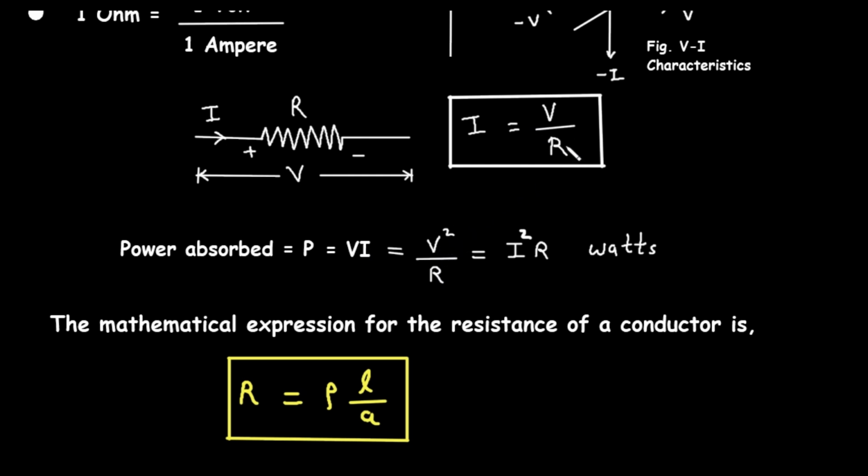Or if we put V is equal to I into R, then we get this formula. So we can interchange these by using this relationship, and we get different formulas for power absorbed by a resistor, and the unit will be watts.